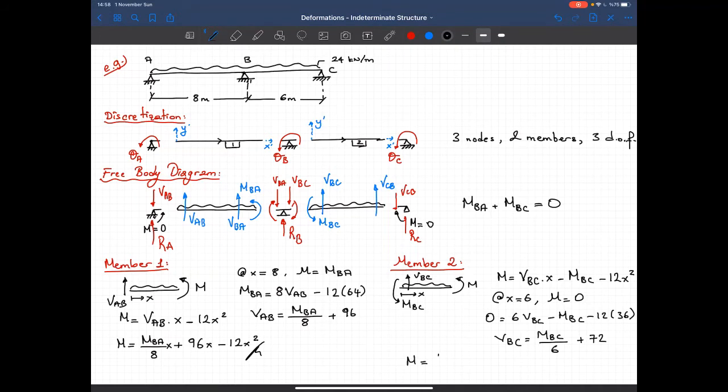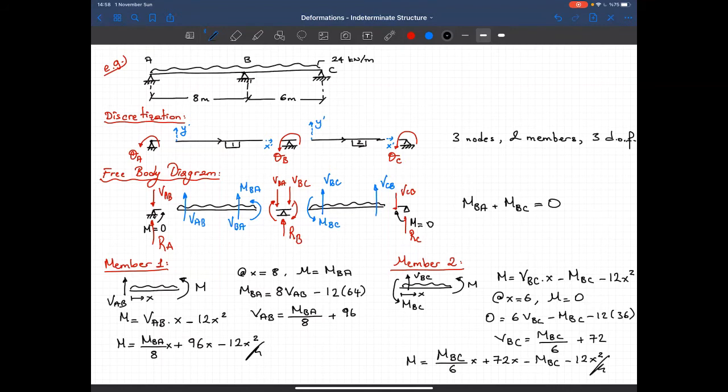Moment is equal to MBC divided by 6 times x plus 72x minus MBC minus 12x squared.